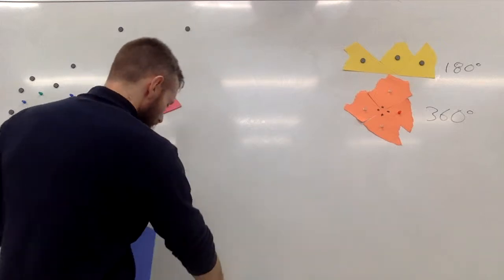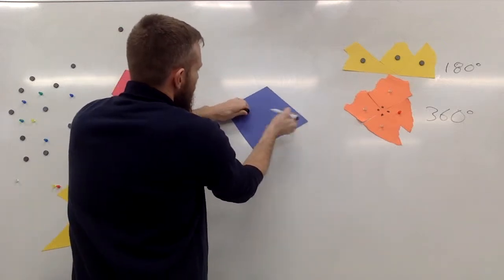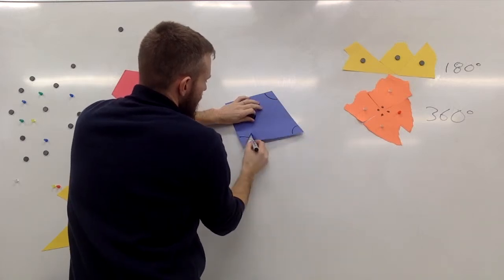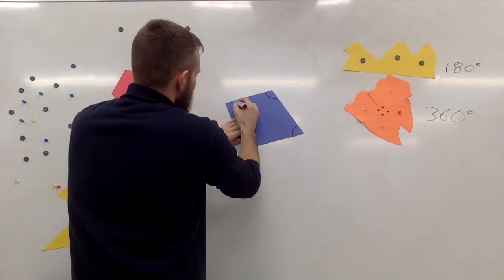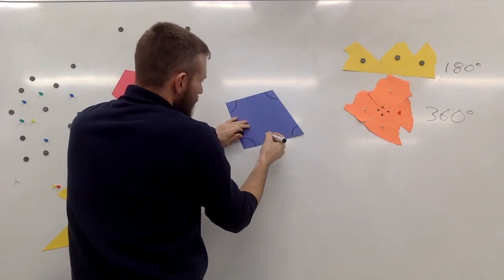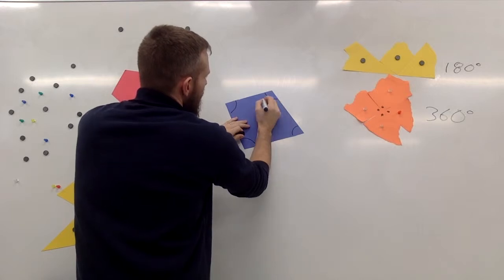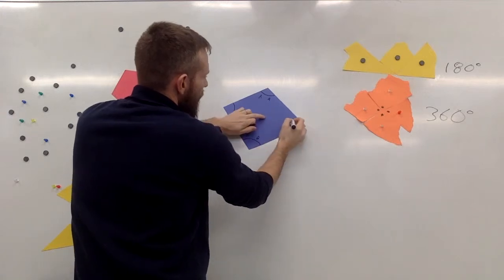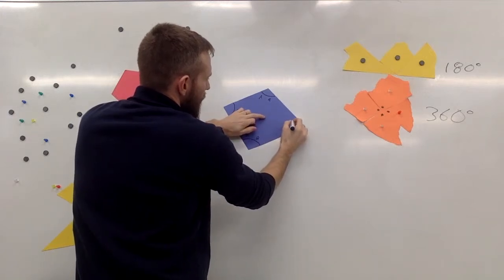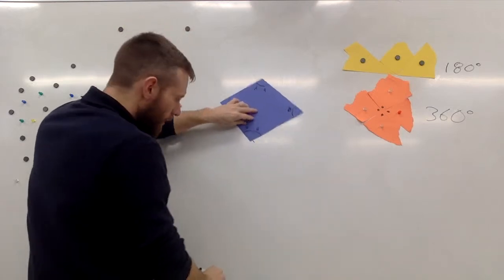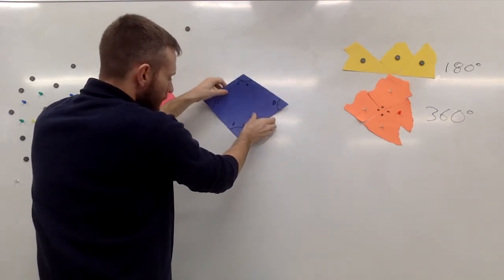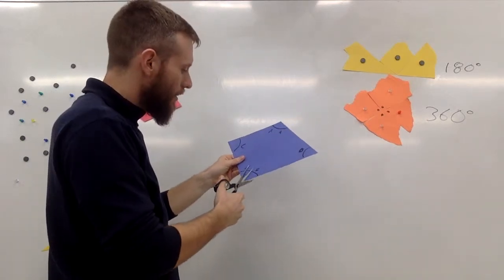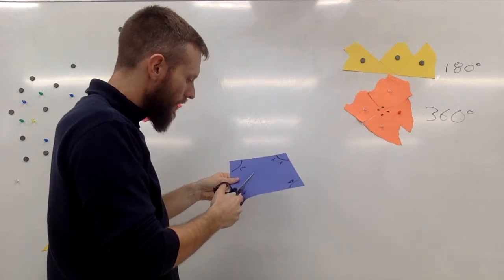Actually, let me go ahead and draw this. Okay, now, just to be clear, I'm going to call these corners A, B, C, and D. Normally that symbol represents that all of these angles are equal, and in this case that's not what I'm trying to do.